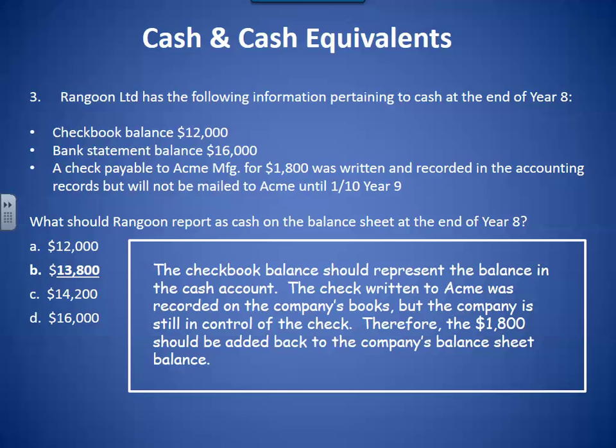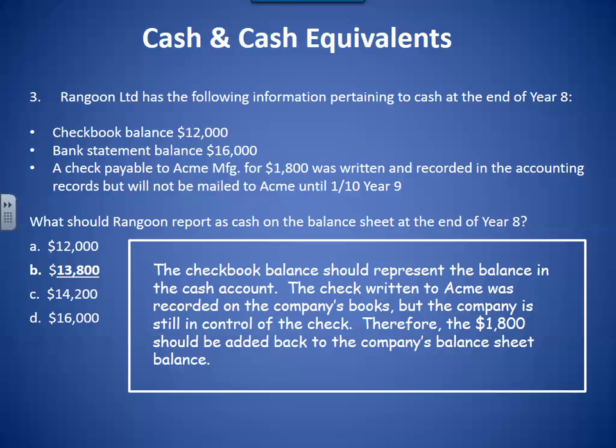Okay, the answer to number 3 is B, $13,800. Remember that the checkbook balance should represent the balance in the cash account for the company. So for number 1, we don't even care about the bank statement balance. That's just extraneous information.